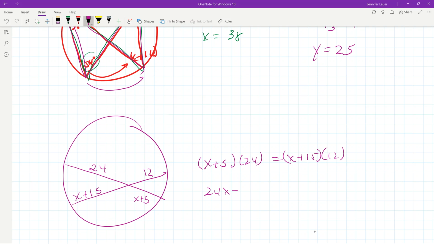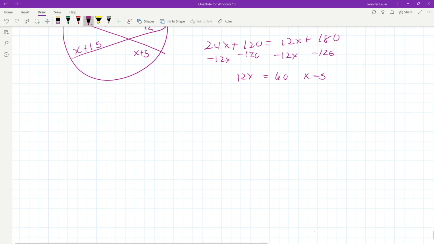So 24x plus 120 is equal to 12x plus, no idea what that is, 12 times 15. So if I subtract 12x from both sides, I get 12x, and then I subtract 120 from both sides. So x is 5.